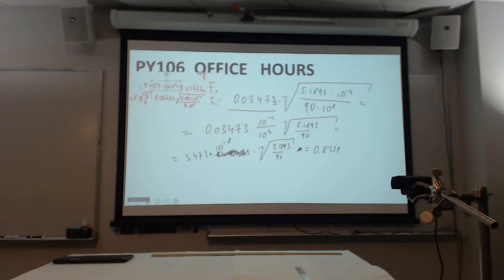Square root of 5.1893 divided by 19 times 3.473 equals 8.339 times 10 to the negative 8 coulombs. This is the answer, I believe now. After checking all steps of the calculation, this is supposed to be the answer.